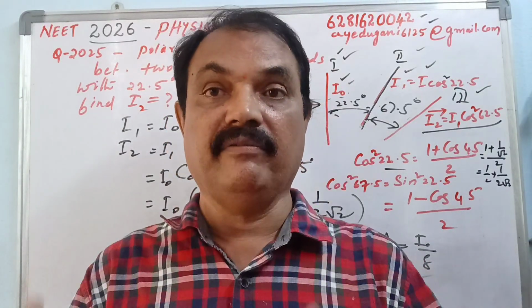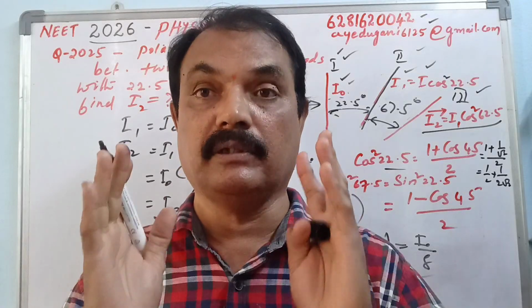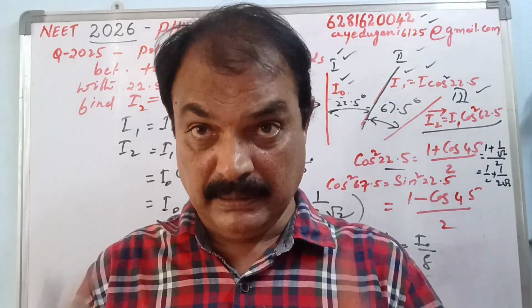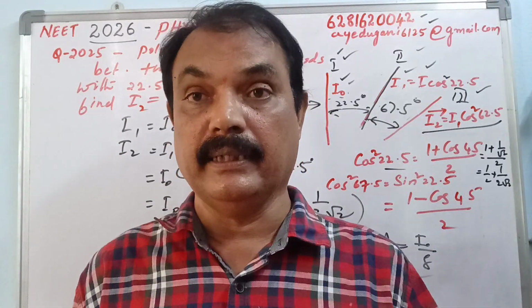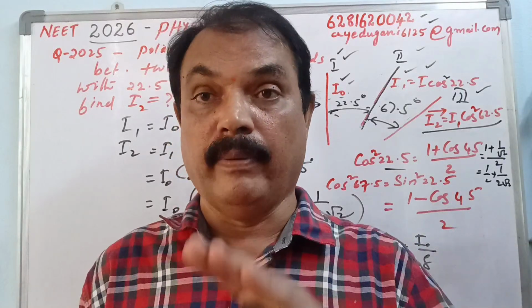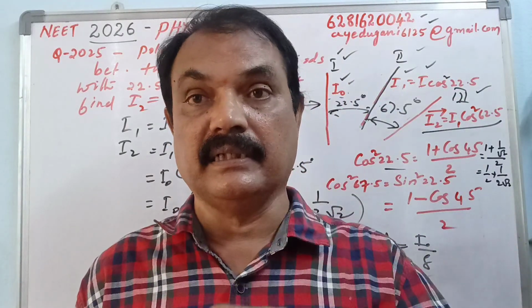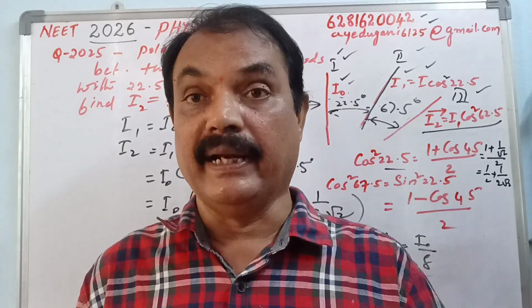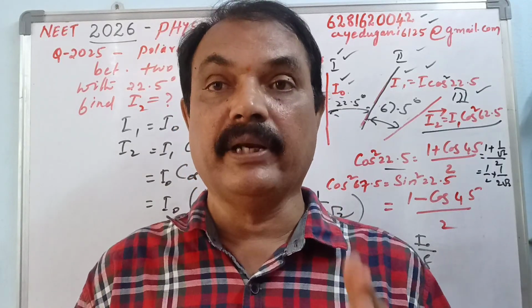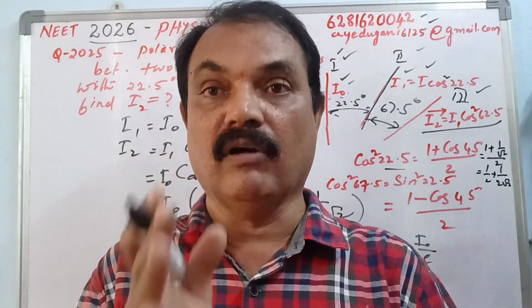Polaroids are a very important chapter. Polarization is very important. Polarization is nothing but when intense unpolarized light passes through the Polaroids, its intensity decreases because it restricts the vibrations of the electromagnetic wave to one direction.